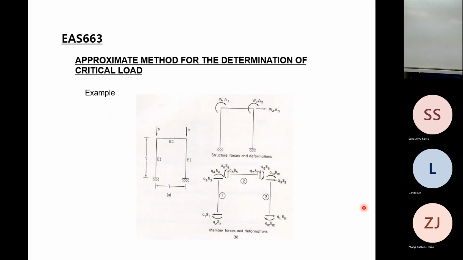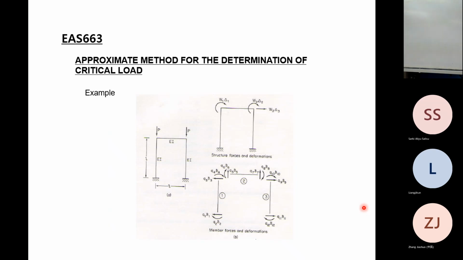And I also briefly went through this example with you. What I want to show with this is that you have a member like this, a member like this, and a member in this way. Both of these are vertical and this is horizontal.